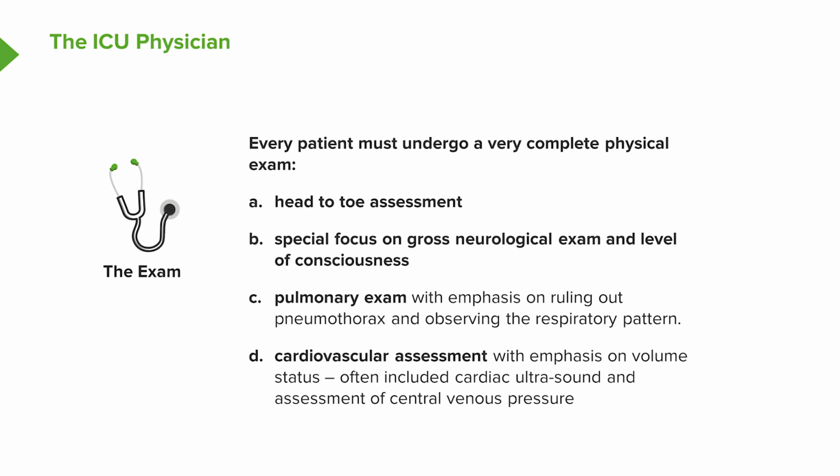This is often included with a cardiac ultrasound, transthoracic ultrasound done through the chest wall, and assessment of central venous pressure, which can be done by reading the jugular veins on the side of the neck, or by placing a catheter in the jugular vein down into the heart and actually measuring the pressures.